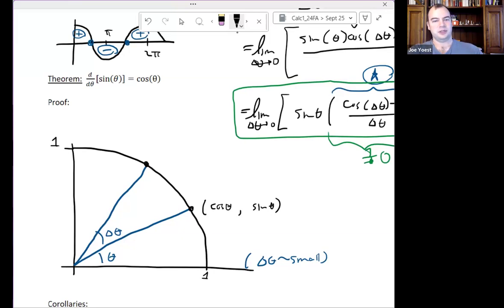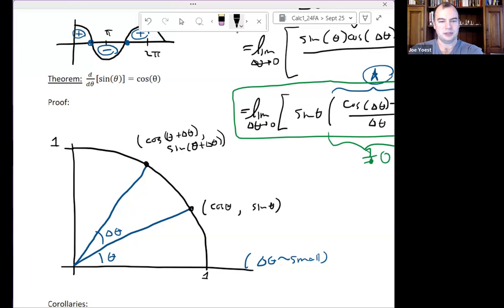The other point, the one on the top left, well, the total angle from the positive x-axis going up to there is theta plus delta theta. So that has x coordinate cos of theta plus delta theta and y coordinate sine of theta plus delta theta.